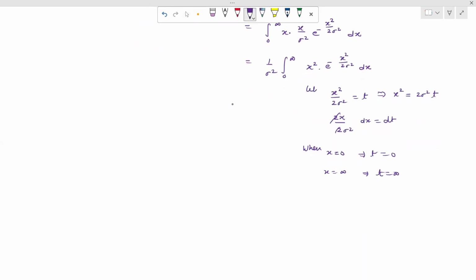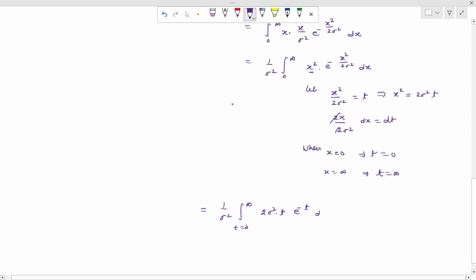So 1 upon sigma square, with limits for t from 0 to infinity, and the value of x square is 2 sigma square into t, and e raised to the power minus t into dx. The value of dx is sigma square dt upon x.